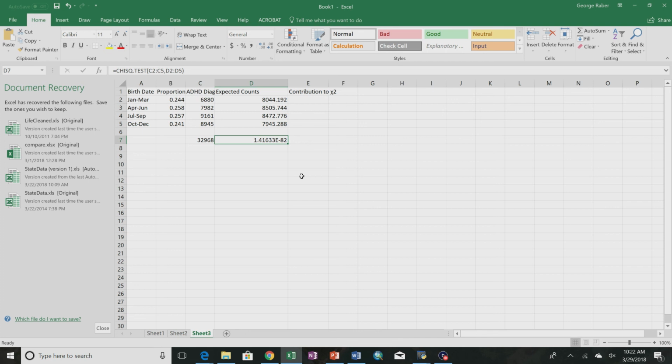And so we say that the expected counts do not match this proportion, and therefore we conclude that the age grouping does have something to do with ADHD diagnosis. In other words, you're more likely to get not misdiagnosed, but diagnosed with ADHD, probably misdiagnosed with ADHD, if you're younger, right?